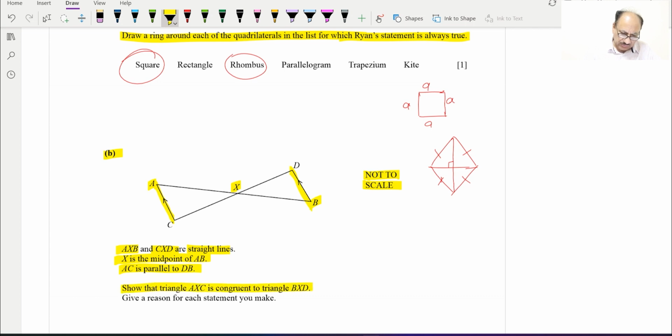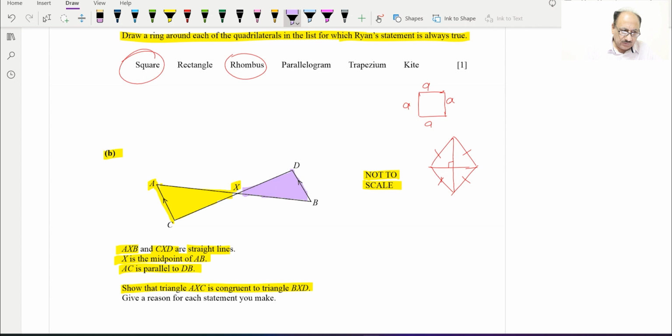Show that triangle AXC is congruent to triangle BXD. So AXC is this triangle, and BXD will be this triangle, and we need to prove that these two triangles are congruent to each other.